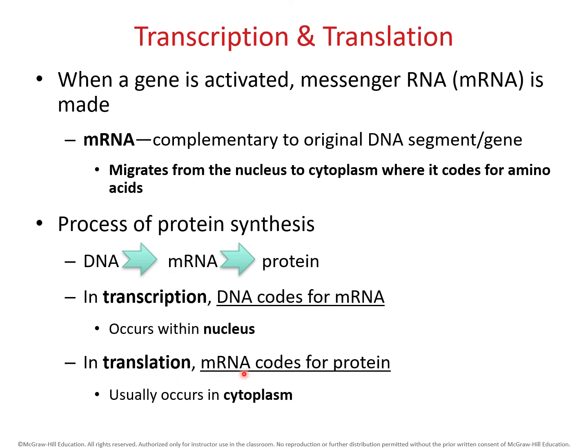Here, mRNA is going to actually code for the protein. We're going to see the genetic code, the codons from mRNA, be translated into the language of protein, or amino acids. You must know this is occurring in the cytoplasm.